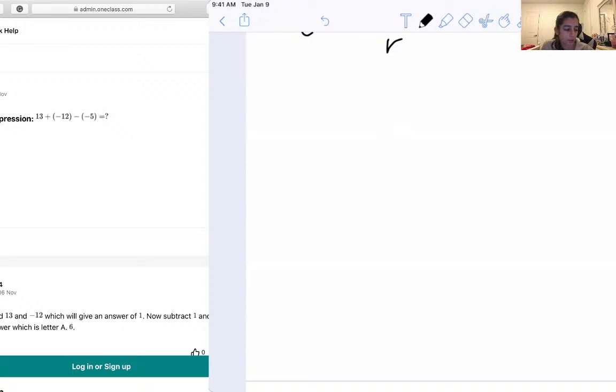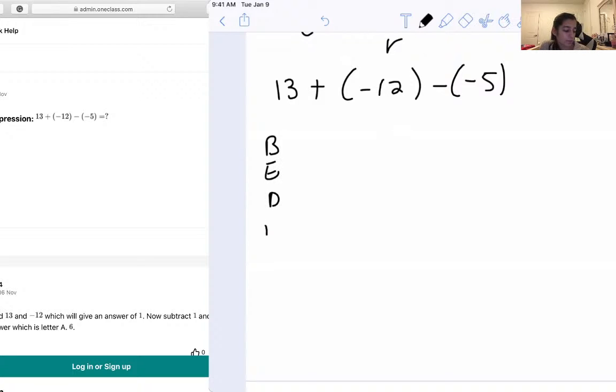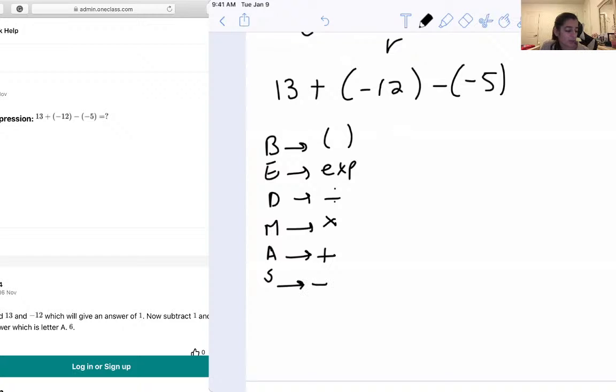Simplify this expression: 13 plus negative 12 minus negative 5. Again, we're going to be using BEDMAS. B stands for brackets, E is exponents, D is division, M is multiplication, A is addition, and S is subtraction.